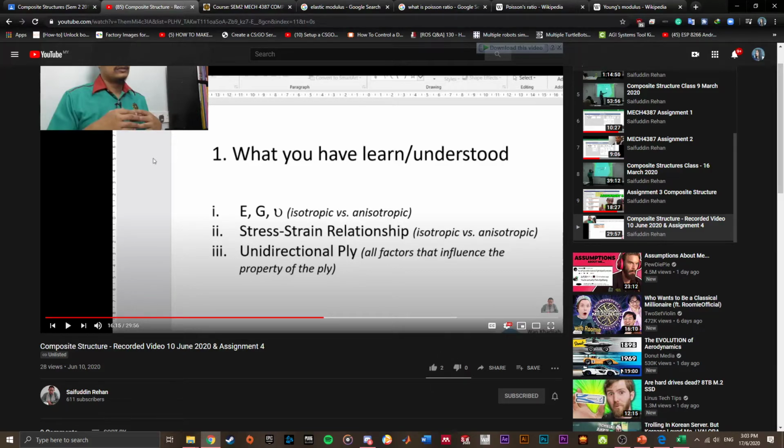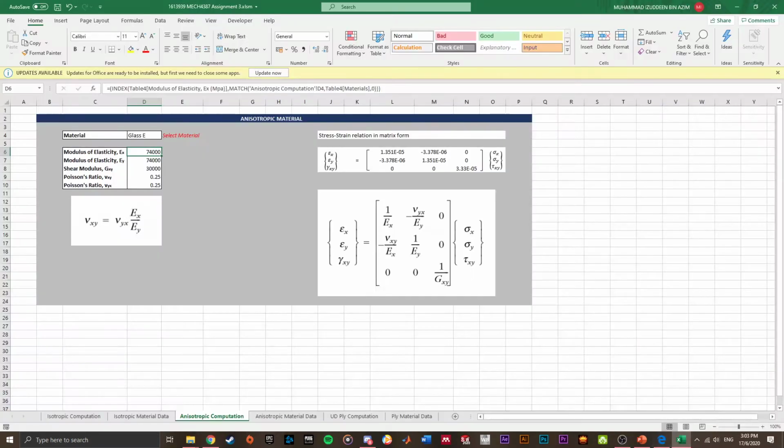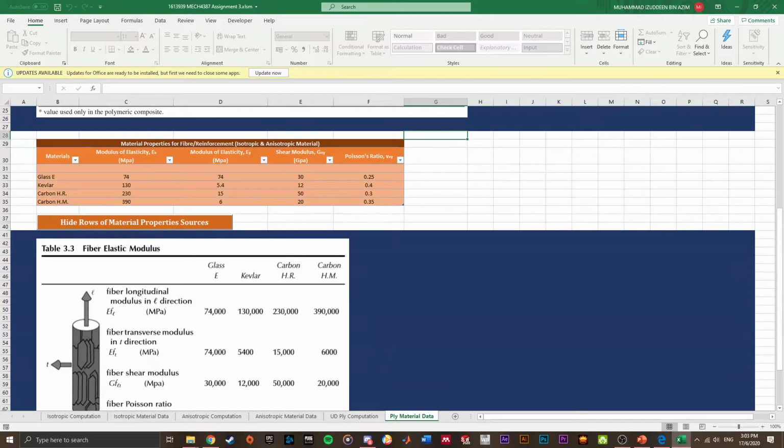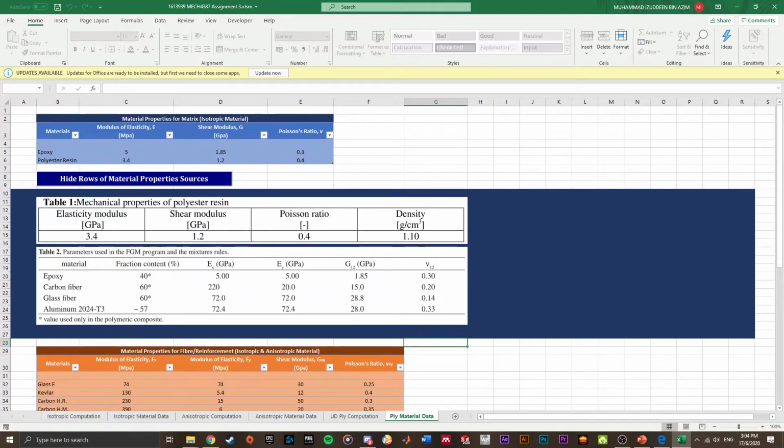We usually use an isotropic as a fiber, and we use other material as matrix, and then we combine matrix and fiber to form a composite structure, which follows what is our desire to make the material.